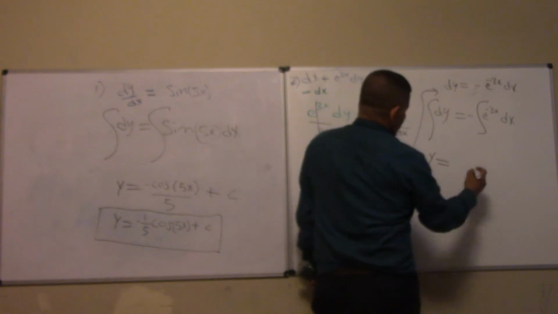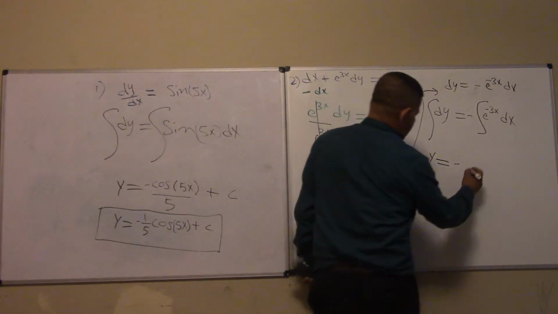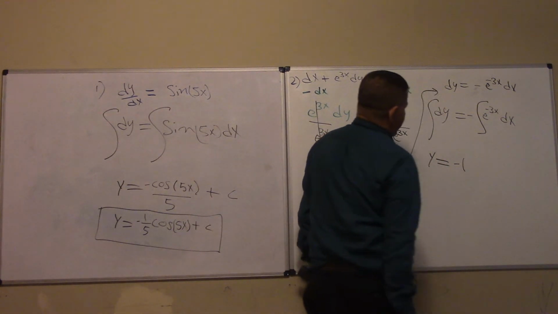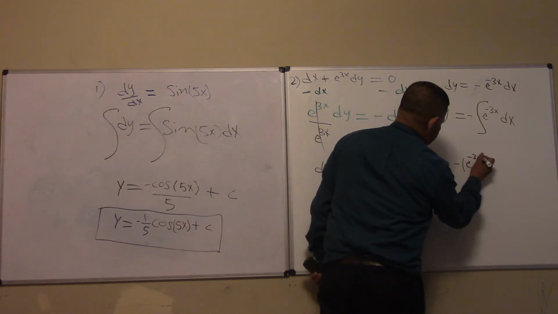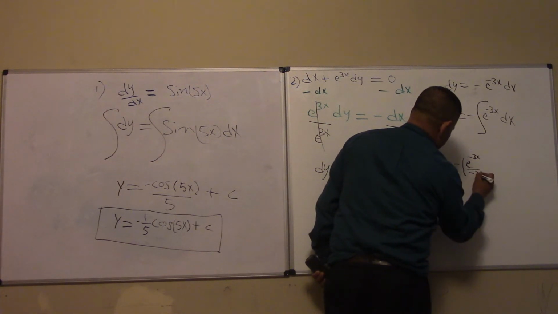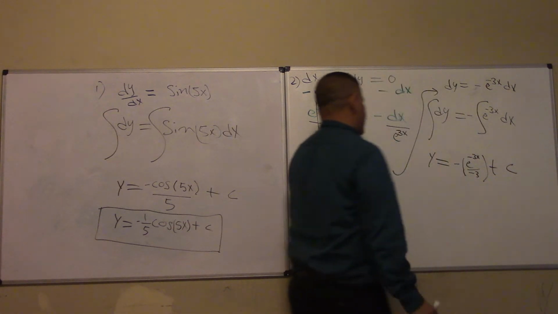So it's going to be a negative, and I can put a parenthesis like that: e to the negative 3x divided by negative 3, plus a constant, right?